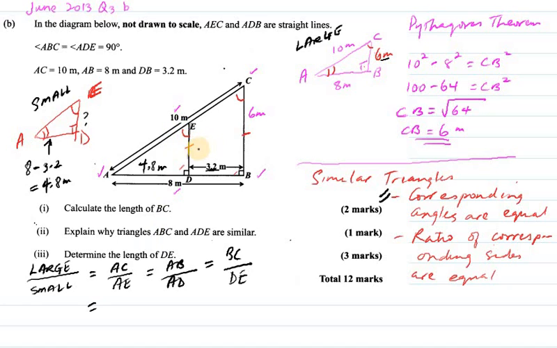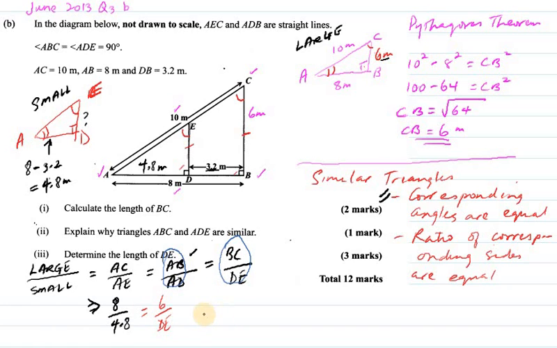So I have AB to AD, which is 8 divided by 4.8, and this is equal to BC, which is 6, over DE, which is unknown and which we have to find out.